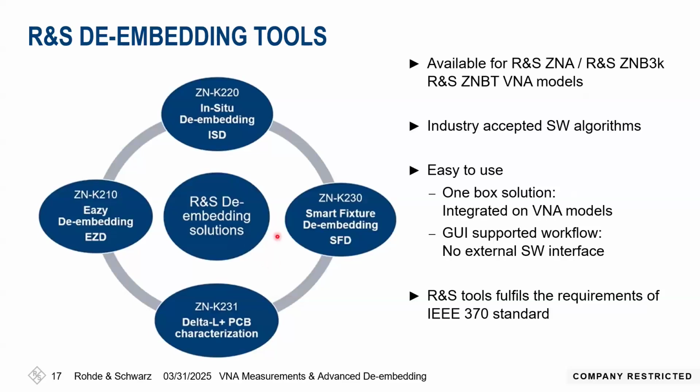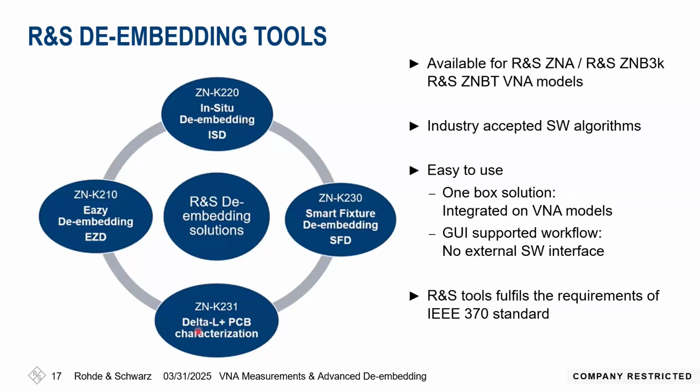Now, the advanced de-embedding techniques that are available with Rohde and Schwarz are four different ones. The good thing is that these three, which are EZD, ISD, and SFD, all support all three classes of the coupon requirements, as per the IEEE 370 standard.